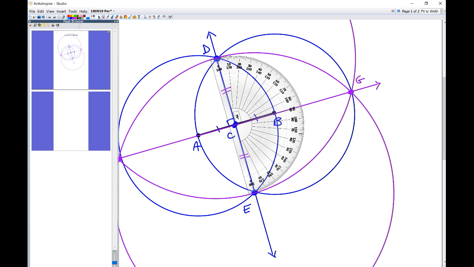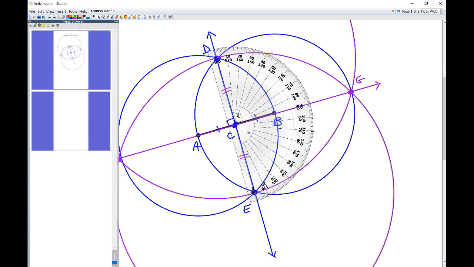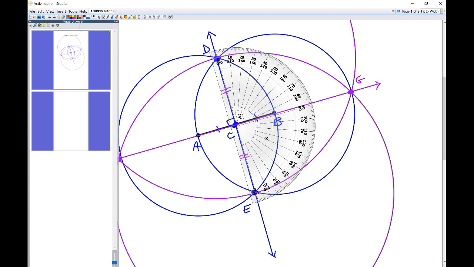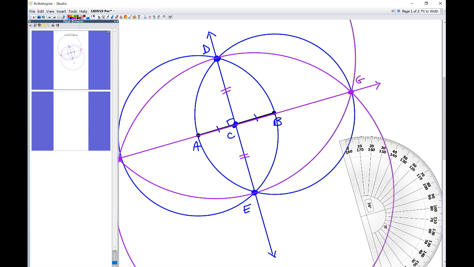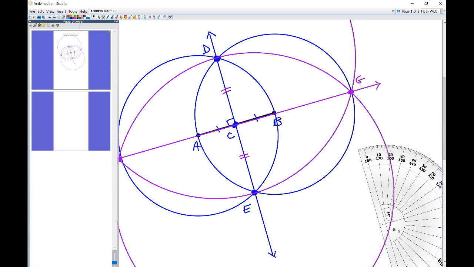I can make this a little bit bigger. So you can see it runs right through the 90 marking. That means that ECG is in fact a 90-degree angle. We verified that. Now we can mark it on our diagram by coming in and putting a square angle marker.